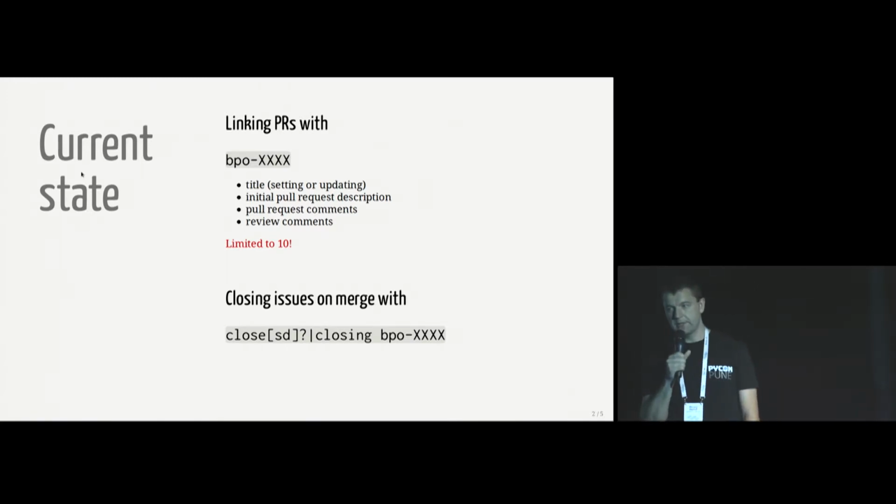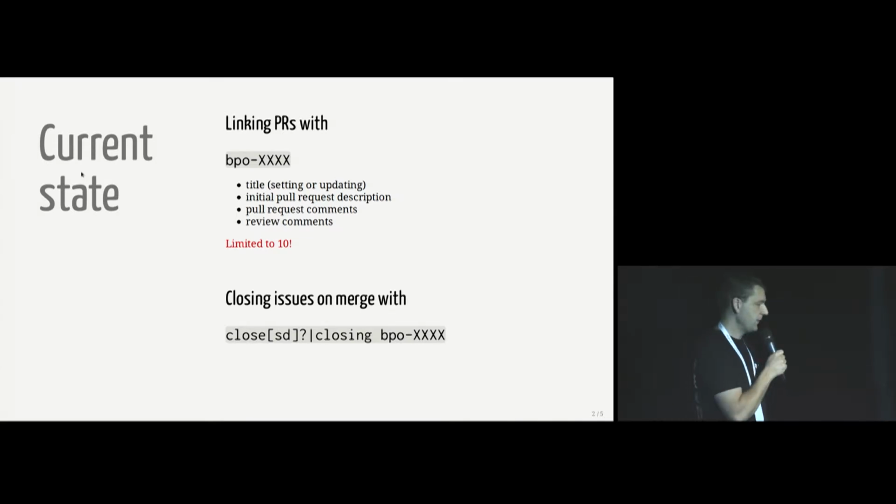Currently, you can easily link issues on GitHub with comments, issue titles, PR titles and PR reviews as well. If you use BPO dash and the number of the bugs.python.org issue, it will be automatically linked to the issue on bugs.python.org.